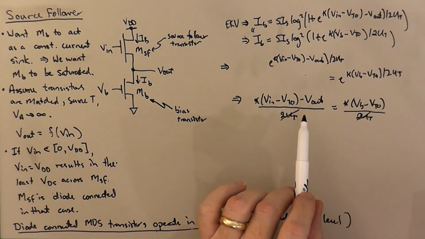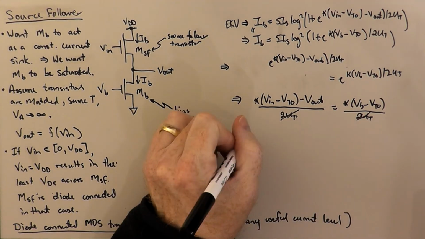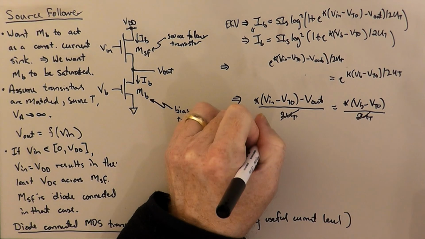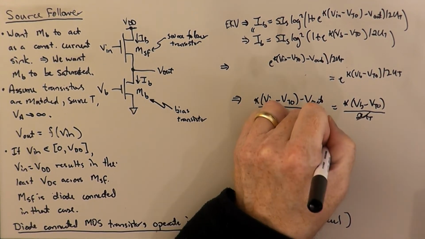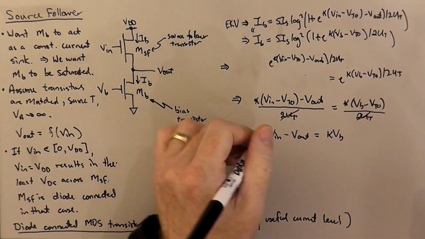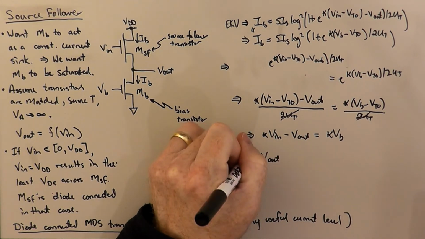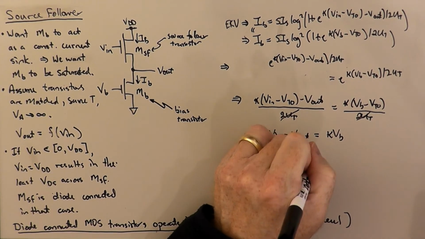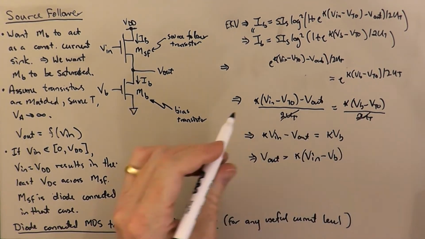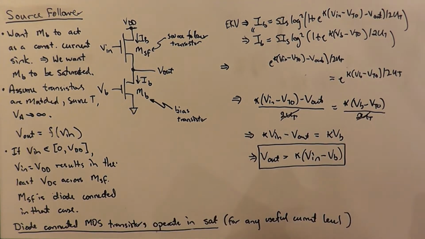All the transistors are matched, and so the kappas should be the same and the VT0 should be the same, and that leaves us with kappa Vin minus Vout equals kappa VB. And if we rearrange this, we can solve for Vout explicitly. That's going to be kappa times Vin minus VB. That's a very, very simple relationship.